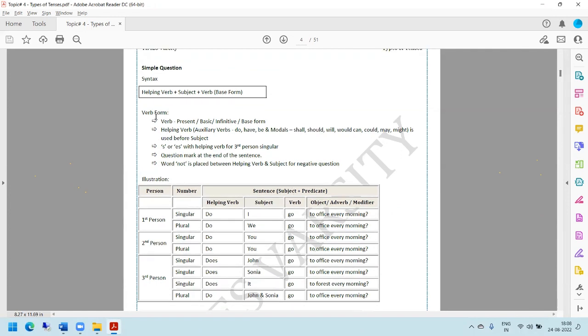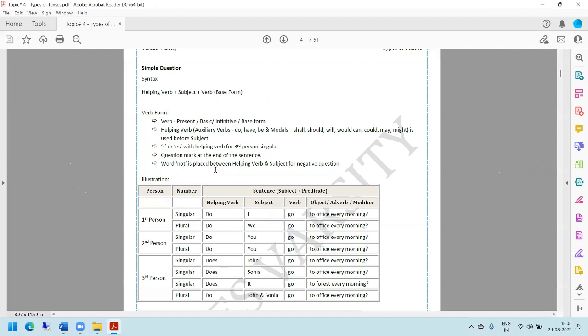The verb form is the simple present form of the verb. The helping verb, also called the auxiliary verb, like do, have, be, and other modals, we will use as and when required. The helping verb is used before the subject, with s or es for third person singular, and a question mark at the end of the sentence.